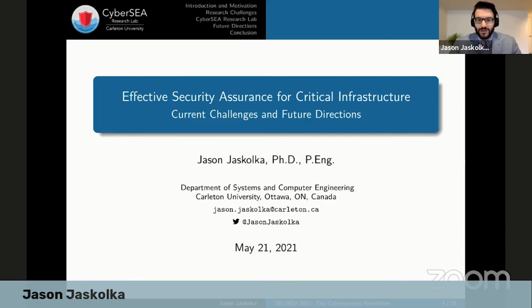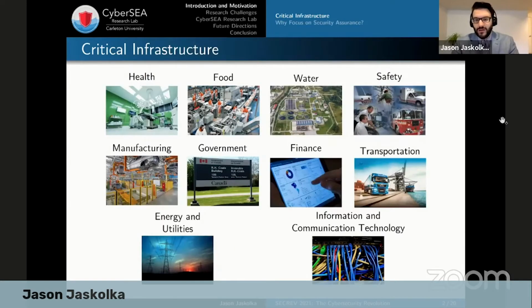In this talk, we're going to look at a number of different challenges and directions for providing effective security assurance for critical infrastructure systems. When we consider critical infrastructure, we can look at them in 10 different sectors.